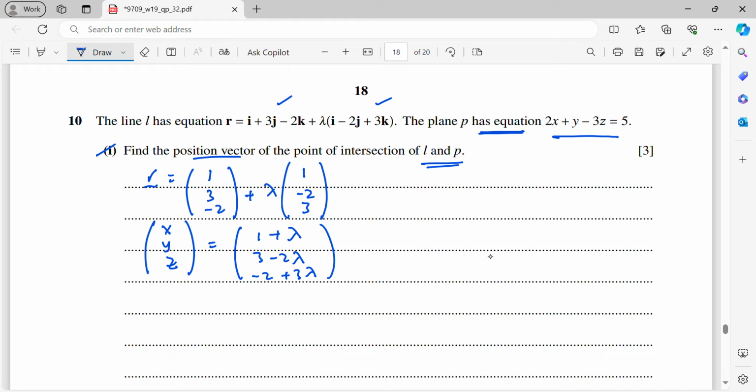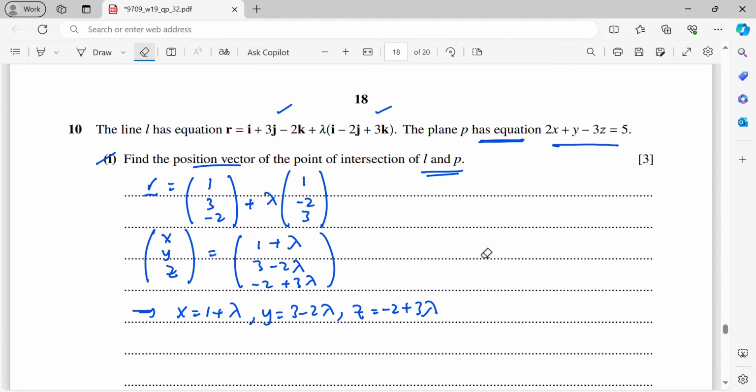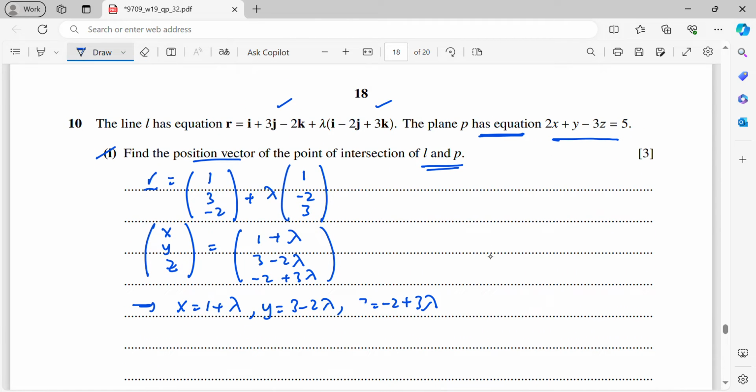In other words, my x is 1 plus lambda, my y is 3 minus 2 lambda, and my z is minus 2 plus 3 lambda. So now, you need to find the intersection between the line and plane, which means you are solving simultaneous equations. So just substitute all this into the plane equation. The plane equation is 2x plus y minus 3z is 5.